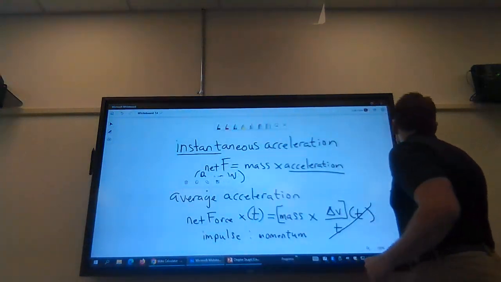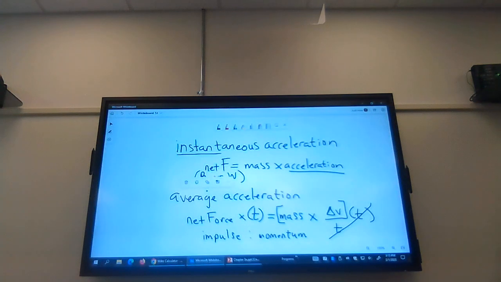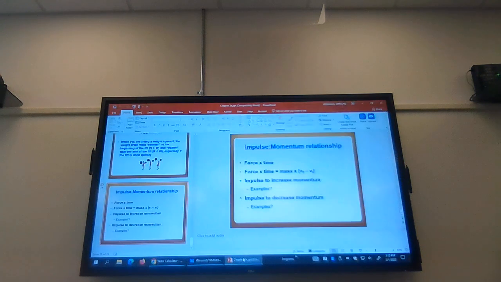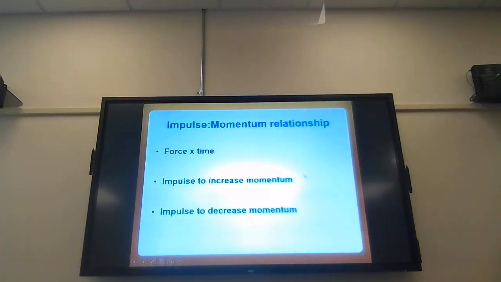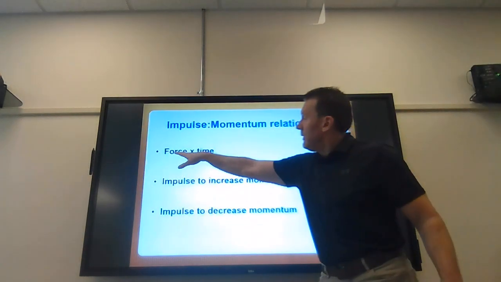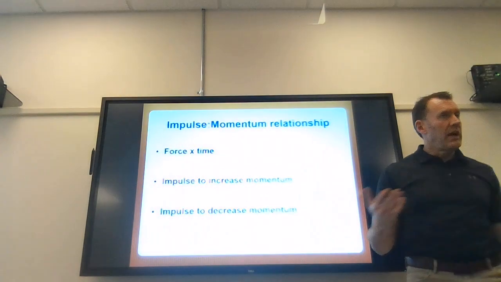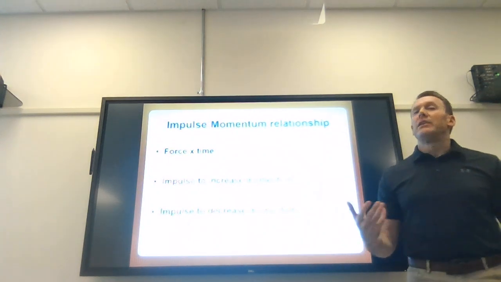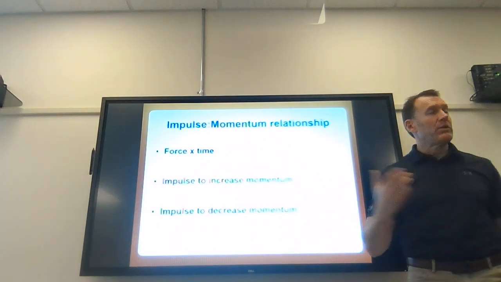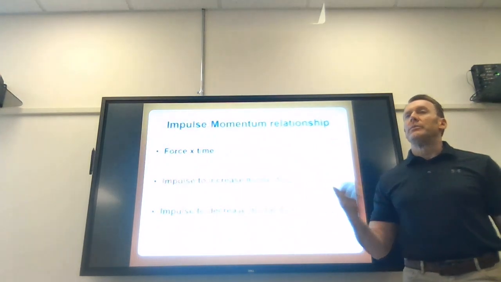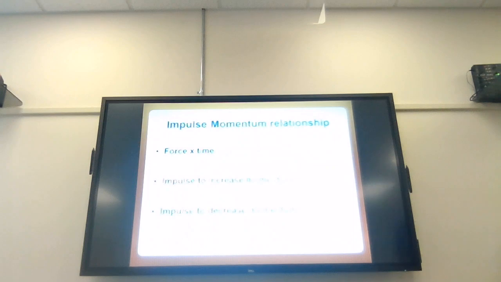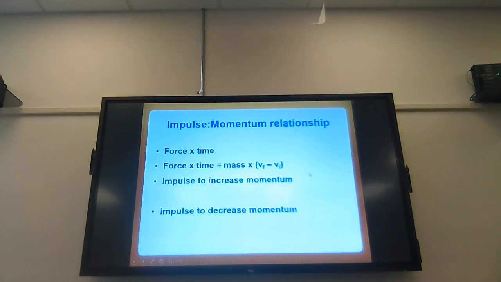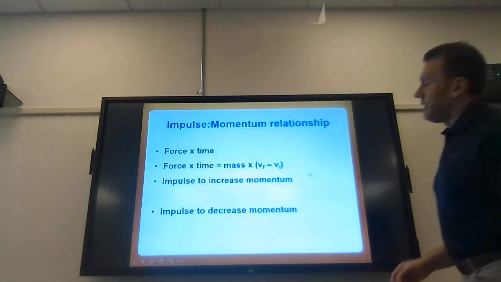So let's take a look at how this applies. So we can say, okay, so impulse is equal to force acting over a time interval. And so when you have a force acting on a given mass over an interval of time, there's going to be a change in velocity. So this is our complete equation.